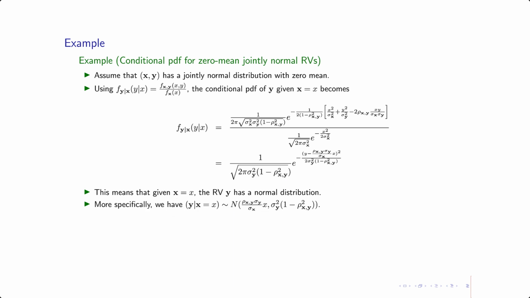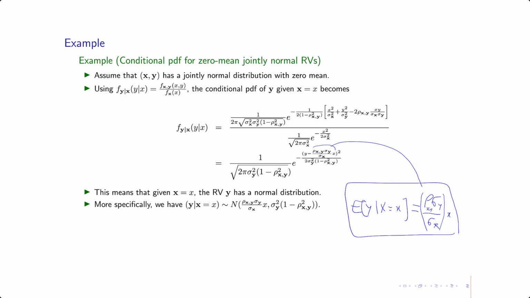Moreover, in this case, the mean of y given x equal x is equal to rho xy, sigma y divided by sigma x, times x. So this is a constant number multiplied by x.